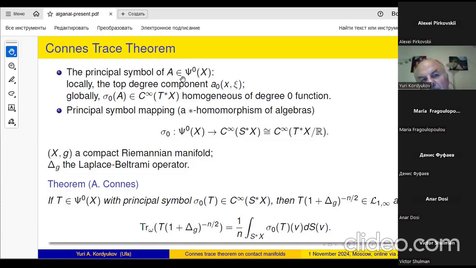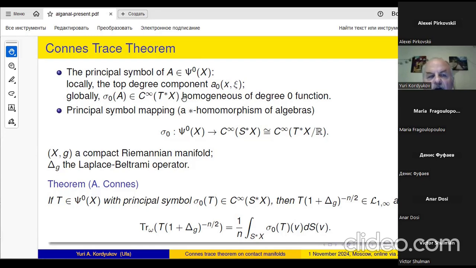But if we take any pseudo-differential operator, we have the principal symbol of this operator. Again, the principal symbol is the top degree homogeneous component of this asymptotic expansion, as I showed you. And if you have multiplication by functions, then there is no dependence on xi. So a naught of x, xi equals f of x.